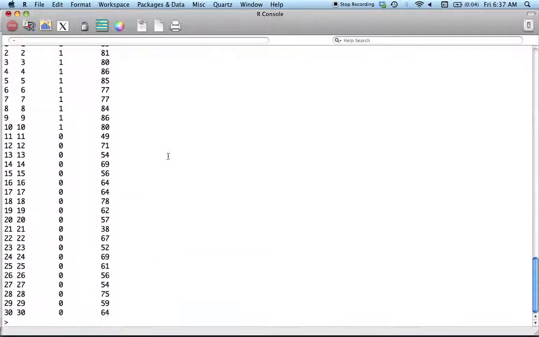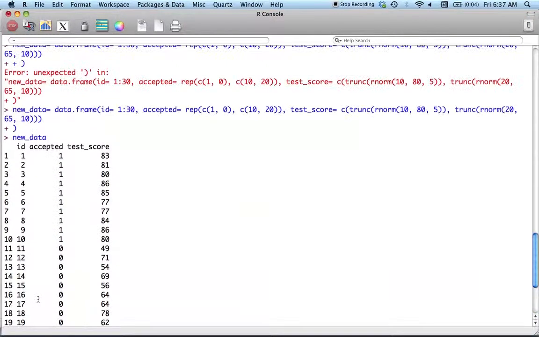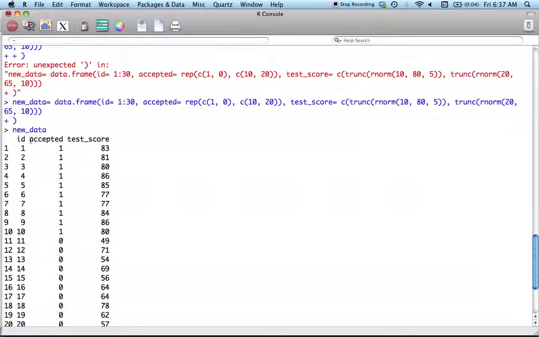First of all, I'm going to attach the new data. To explain why I just did that: if you've worked with a data frame, you know that to get a column you put the name of the data frame, $, and then the column.